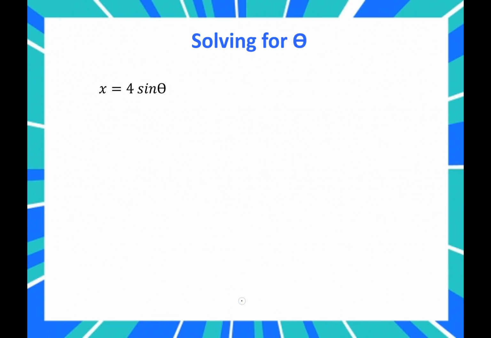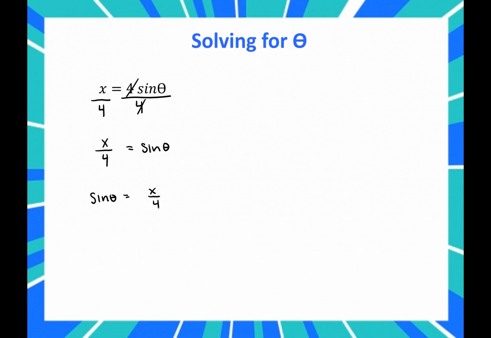Fun. All right, now just a little bit of review solving for theta. If I want to solve for theta, I want to get this to be simply sine theta equals something. So I'm going to divide by 4. This gives me x divided by 4 is equal to sine theta. Just for convenience, I'm going to rewrite this as sine theta equals x over 4.